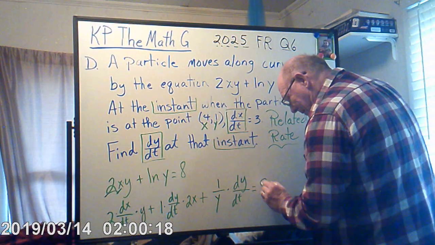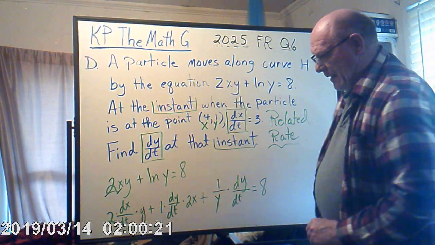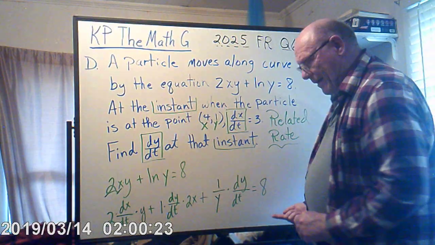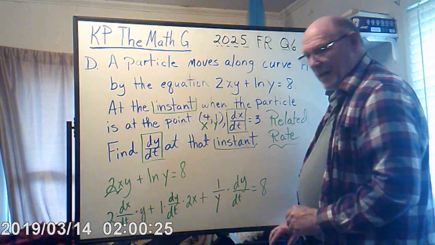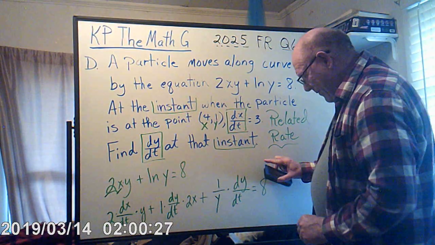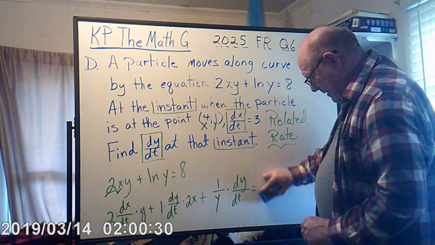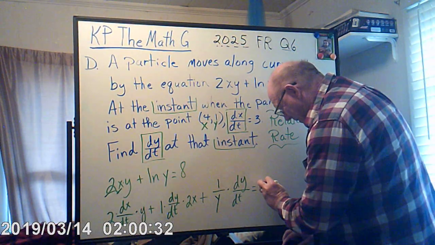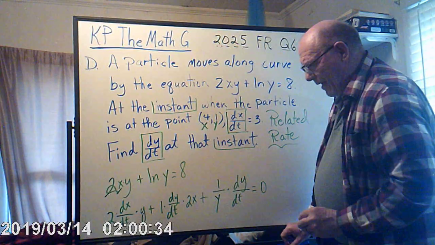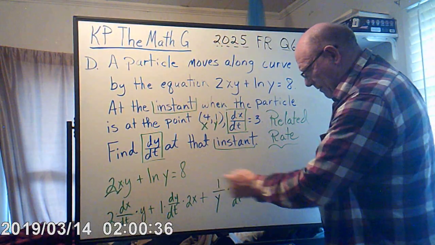Don't make a mistake and leave that off. You get everything correct here, and then you put an 8 here. Derivative of 8 is 0. Derivative of a constant is 0.